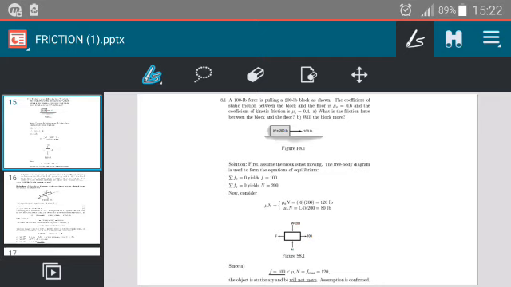A 100-pound force is pulling a 200-pound block as shown. The coefficient of static friction between the block and the floor is mu equals 0.6 and the coefficient of kinetic friction is mu equals 0.4. A. What is the friction force between the block and the floor? B. Will the block move?